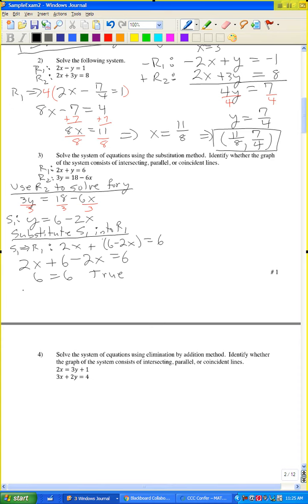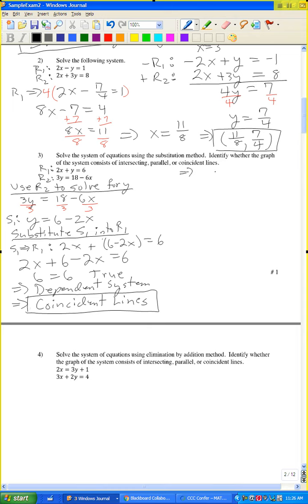So this is a dependent system, which means that these are coincident lines, which is one of the things they ask you for. And so there are an infinite number of solutions. Let's find what the solutions are.